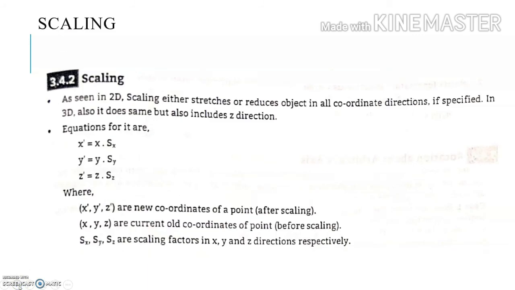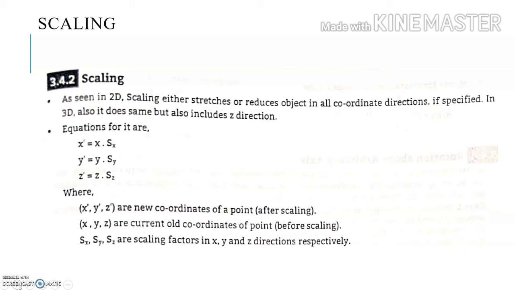Next we will see scaling in 3D. As seen in 2D, scaling either stretches or reduces objects in all coordinate directions. It will either stretch, meaning enlarge the size of the particular object, or reduce the size of the object in all coordinate directions.